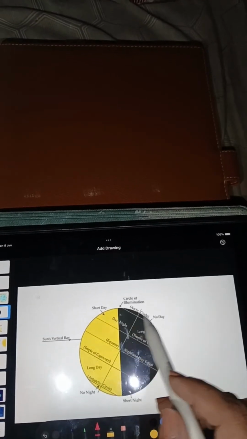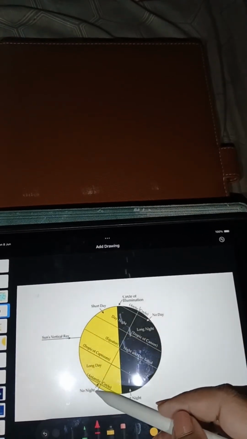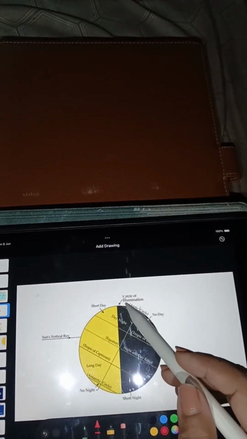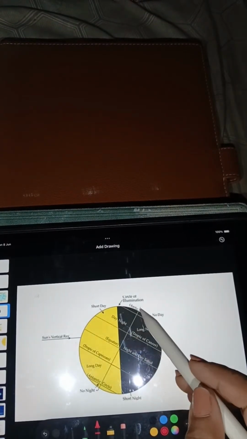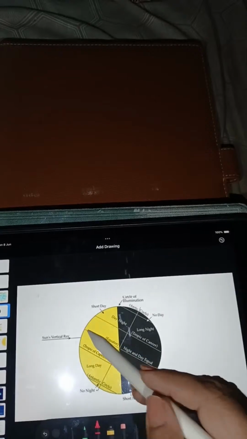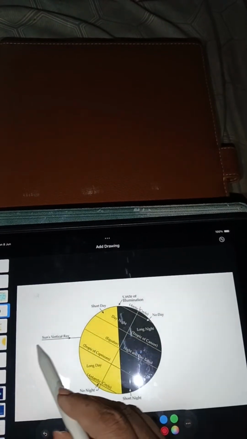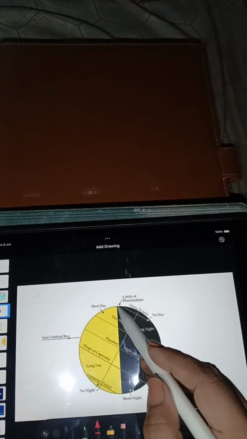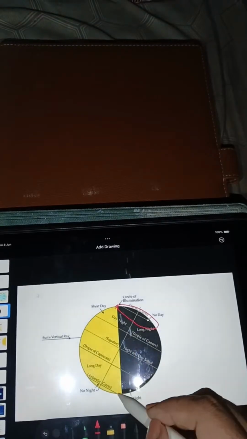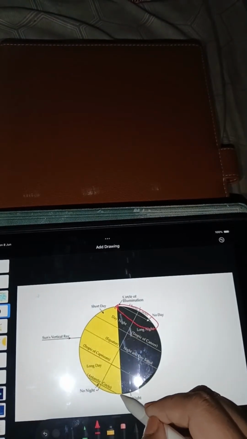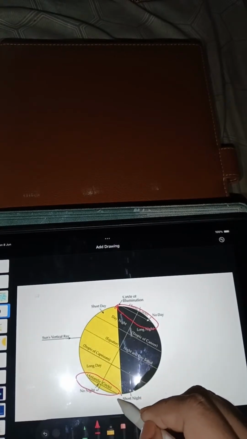From this diagram, as Earth's axis is tilted, this shadow circle is dividing. You can see Earth's axis is tilted, all the important lines are there, and when it is receiving sunlight, this shadow circle is almost covering the Arctic area. And day is covering the whole of the Antarctic circle.